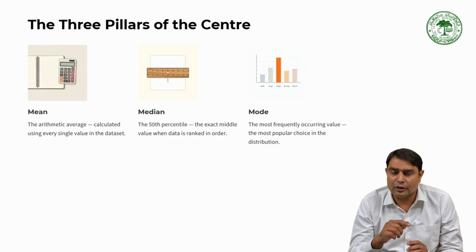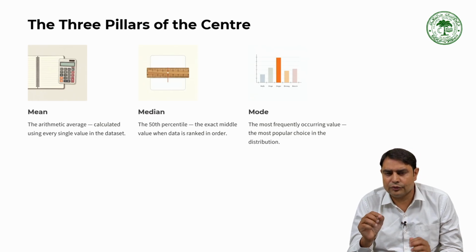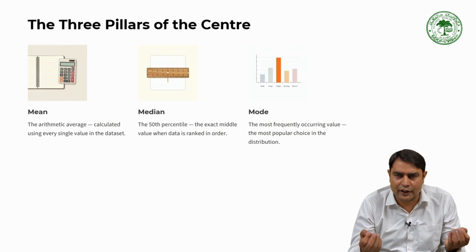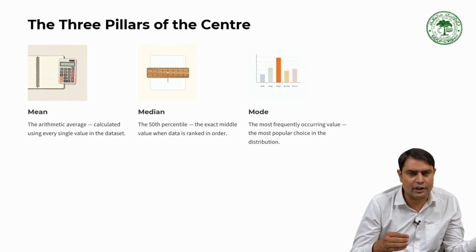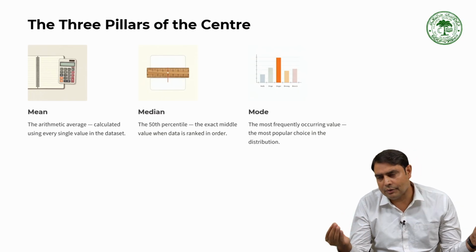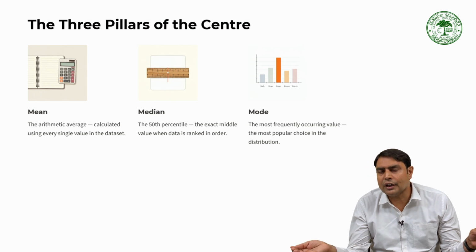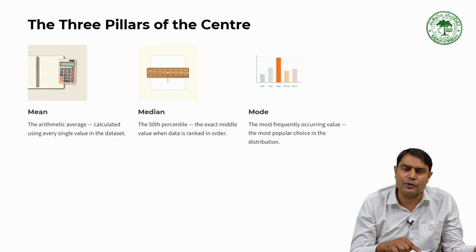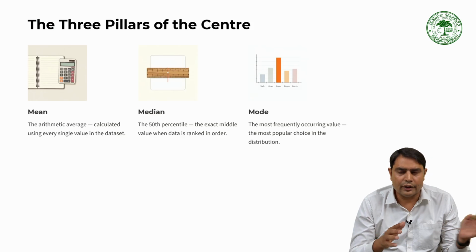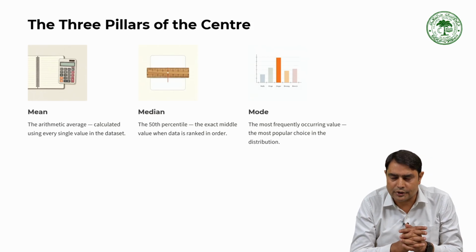If I say not satisfied is 1, satisfied is 2, and highly satisfied is 3, 3 does not mean thrice of 1. Then median may help us.